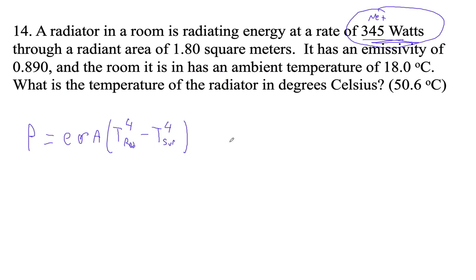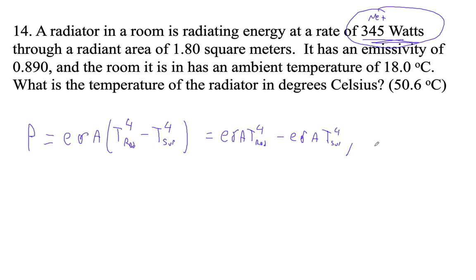So we need to solve this for the temperature of the radiator. If we do that, we get that the power equals E sigma area, temperature of the radiator to the fourth, minus E sigma area, temperature of the surroundings to the fourth.